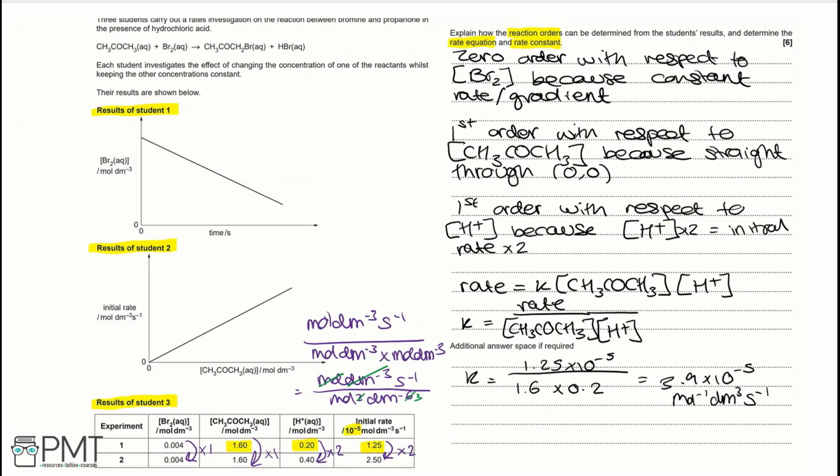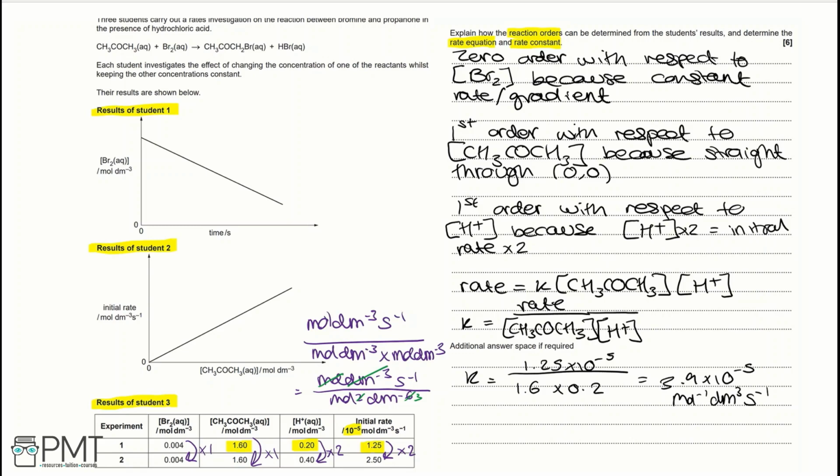The reason why we have a first order reaction and a zero order reaction from the graphs is because for student 1 we've got concentration of bromine against time, and this graph is showing a negative gradient, and it's showing that the rate of reaction remains constant because it's a straight line down.